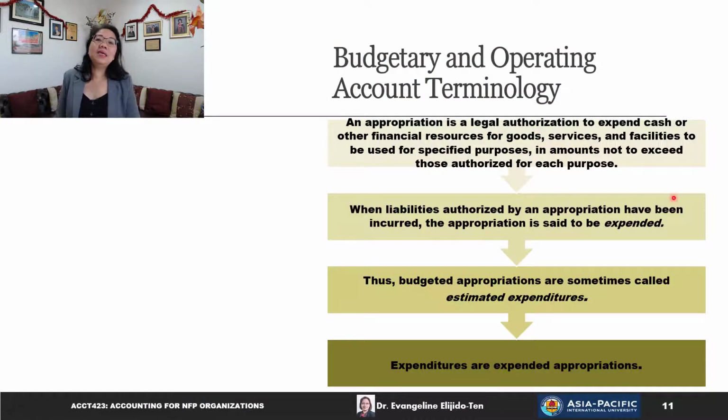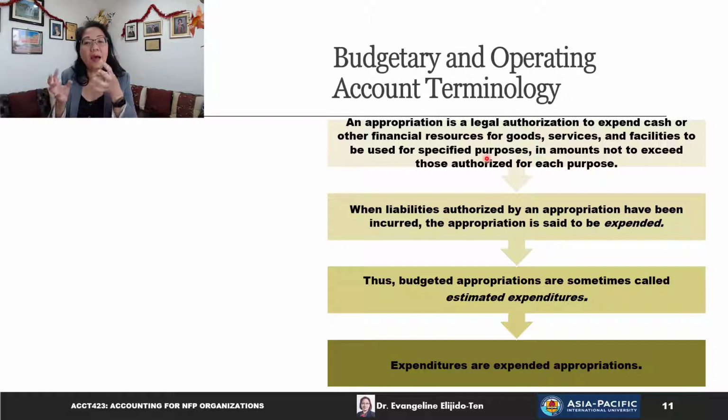All right. Some other budgetary and operating account terminology is important for you to grasp before we go into Learning Objective 5. Appropriation. What's an appropriation? It's a legal authorization to expend cash or other financial resources for goods, services, and facilities that are to be used for a specified purpose.